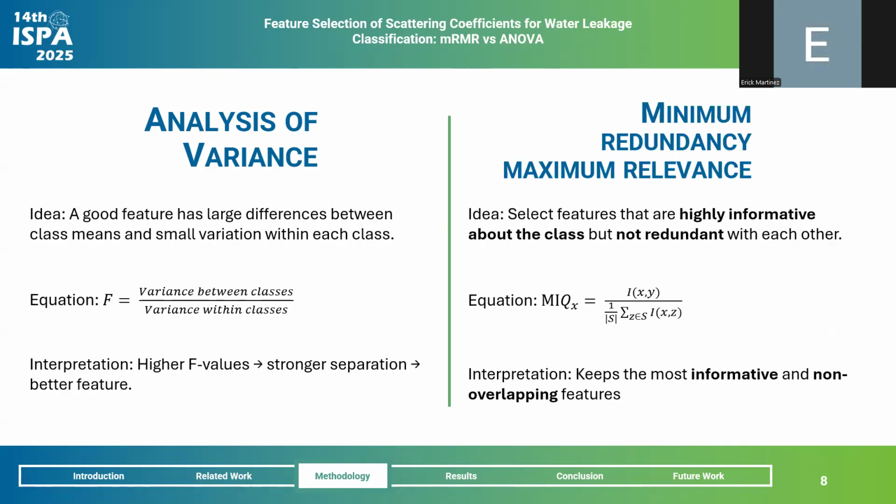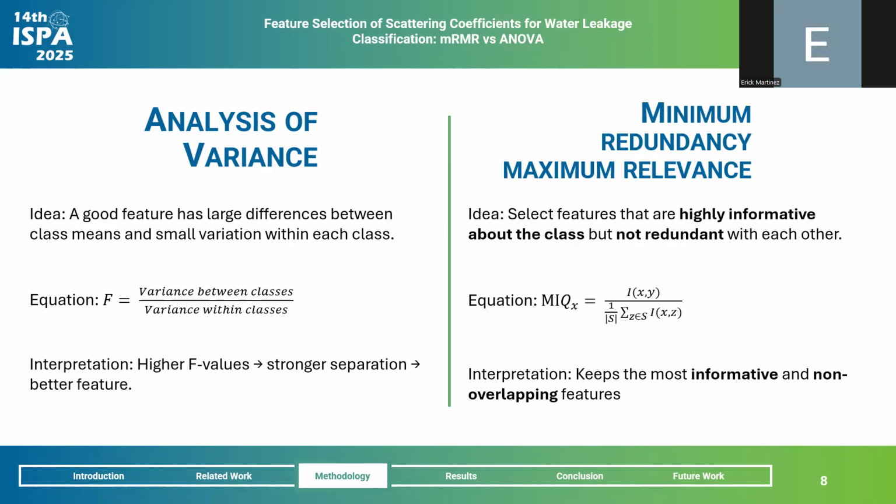Another approach that we compared was the minimum redundancy maximum relevance algorithm. The idea is to maximize what we call the mutual information quotient. That is basically computing the mutual information between the input feature and the response, and then dividing this by the mutual information of each of the pairs of input features.